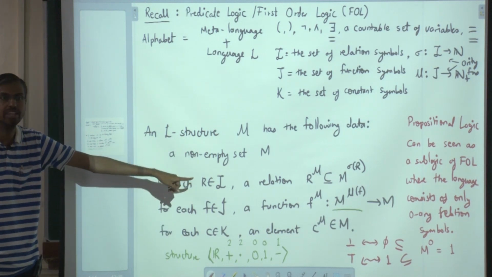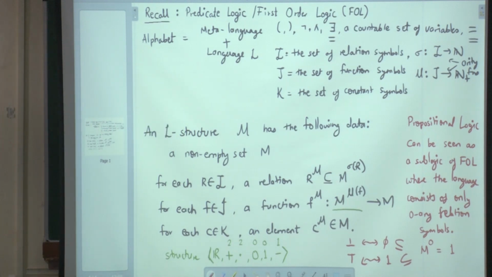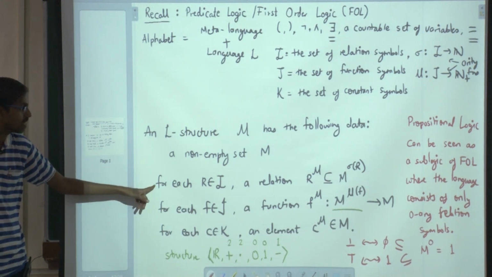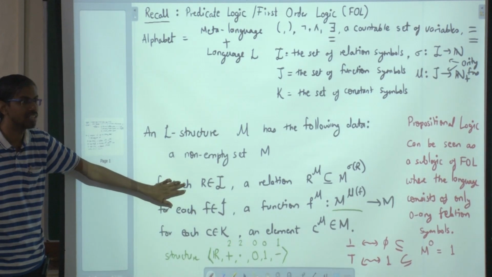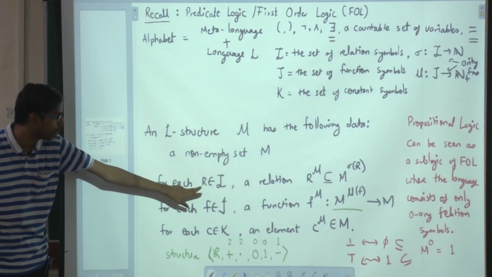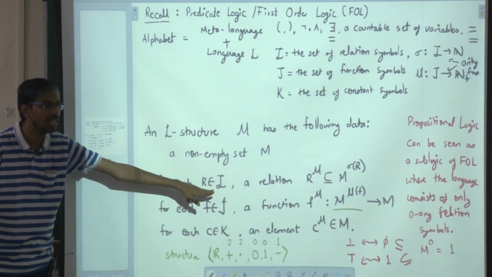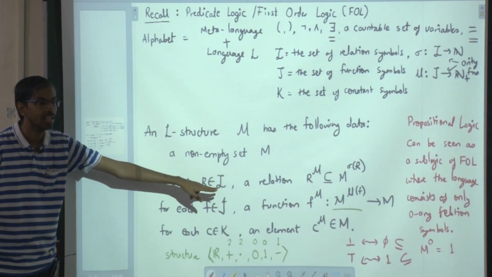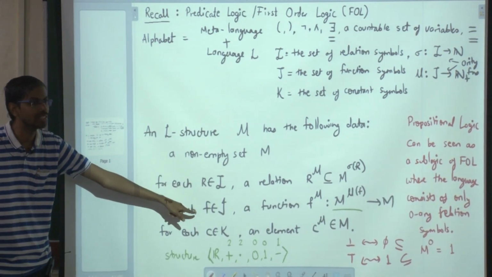If your predicate language only consists of zero-ary predicate symbols, what will be an L structure for that? Nothing here, just this. So for all zero-ary relation symbols, you must choose either the empty set or 1. So that means it is a valuation.